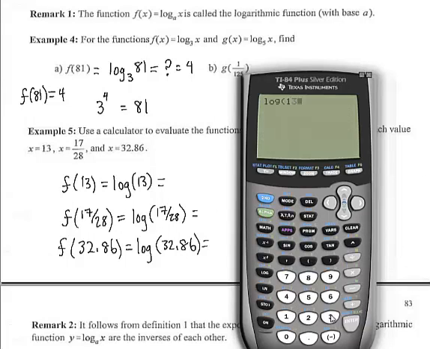Log of 13, enter. Log of 17 divided by 28, enter. And then log of 32.86, enter.